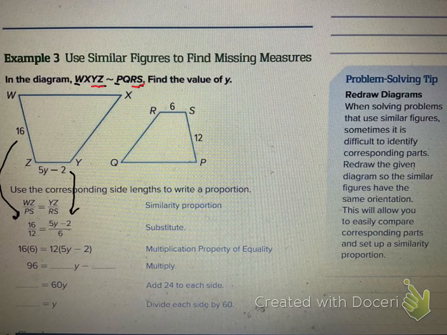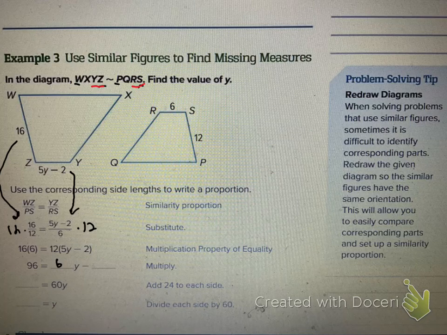So from there, we're just multiplying and solving for Y. We need to multiply by 6 to get rid of 6 in the denominator, which gives you 16 times 6 on the left side. And then you need to multiply both sides by 12 to get rid of the 12 in the denominator. That leaves you with the 12 on the right side.